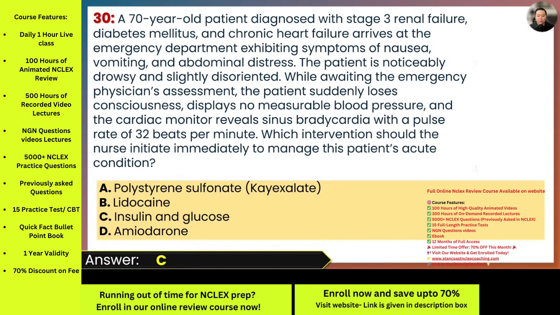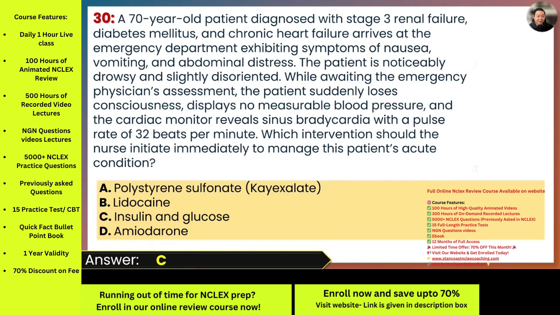And together with that, glucose is also given to prevent hypoglycemia, because we know that insulin can cause the blood sugar to drop. And this will quickly address the cardiac risk associated with hyperkalemia. So remember about the combo insulin and glucose.